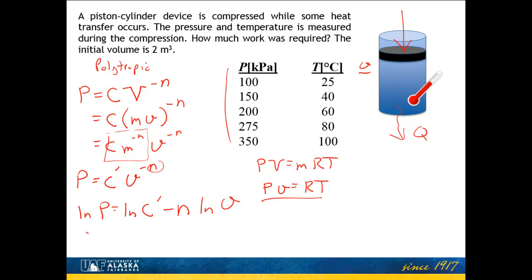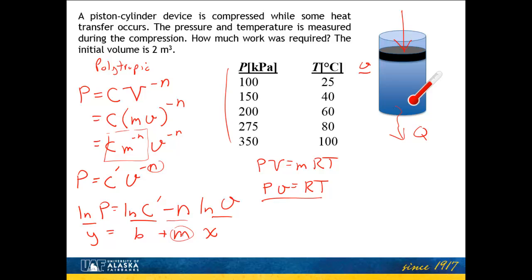Notice that this has the form of y equals mx plus b, where this is my intercept b, these are my two variables x and y, and now minus n is my slope. So I'm going to plot natural log of P against the natural log of v in order to determine from the slope what my value of n is.